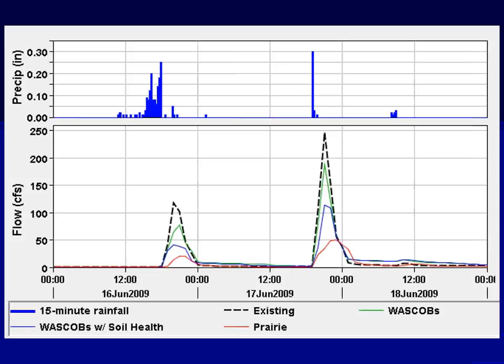There's roughly a 20-25% reduction in these flows, which is pretty darn good. But when you combine wash stops with soil health, when you think about it from a hydrology standpoint, they really do work well together. Your net result is getting pretty darn close to your pre-land conversion conditions.